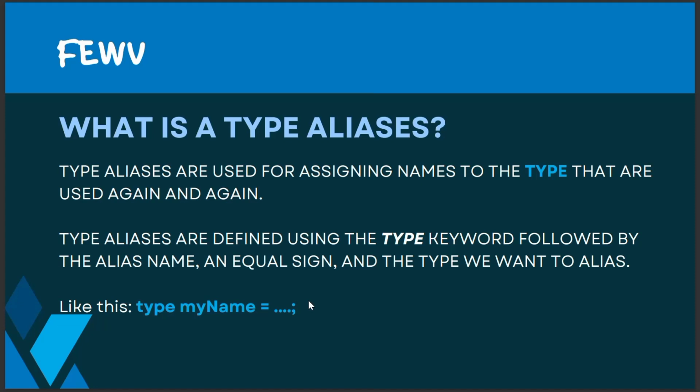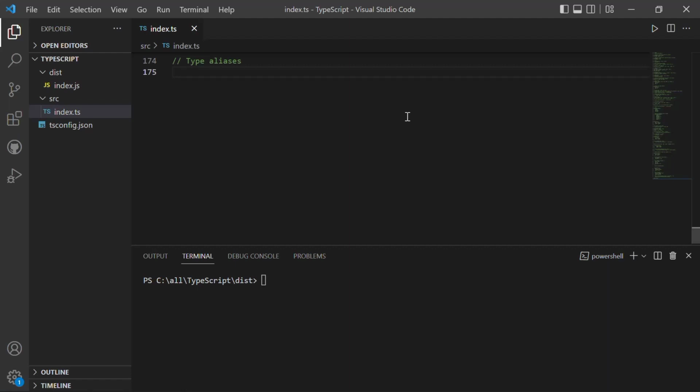So to have a better understanding of type aliases, let's dive into our code. We are going to learn about type aliases using the difference between a union type and the actual type alias. We all know how we write a union type. We use let firstUnionId.